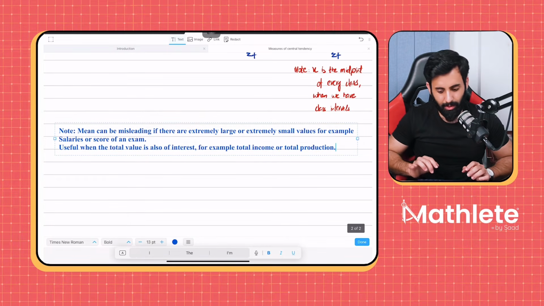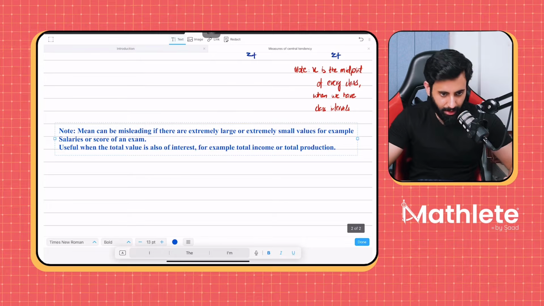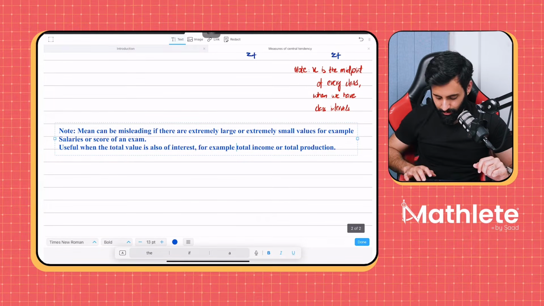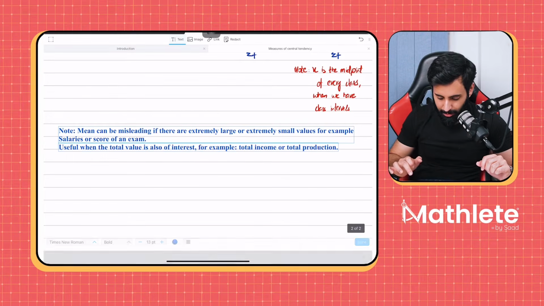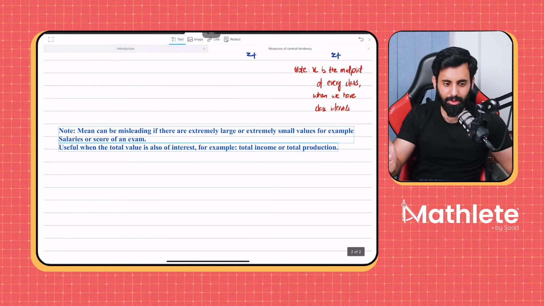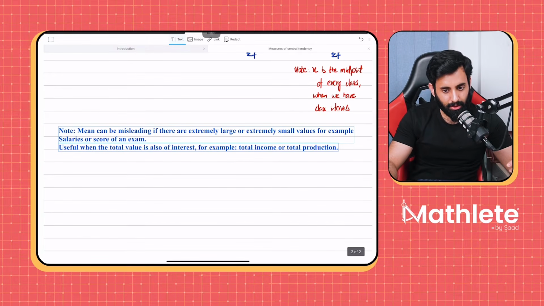So in a data set where you're interested in the total value, that is where mean can be useful. Okay. So you may come across a question where it might say, why is mean not a good measure to represent this data? So the answer to that would be because you may have some value that's perhaps extremely large or extremely small in that data set. So that's why mean can be misleading.